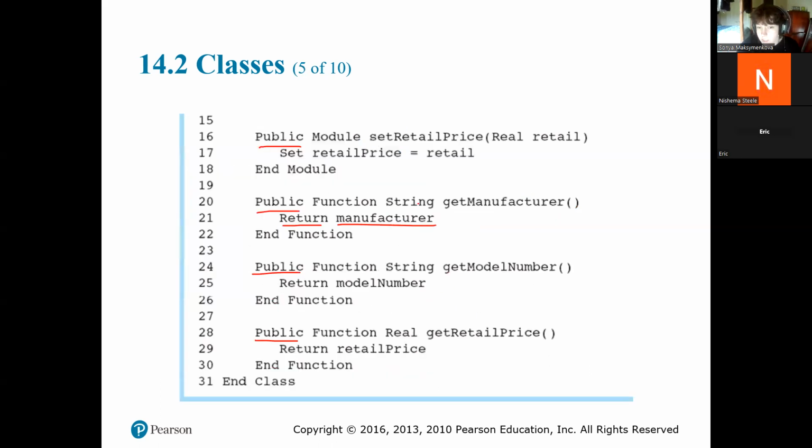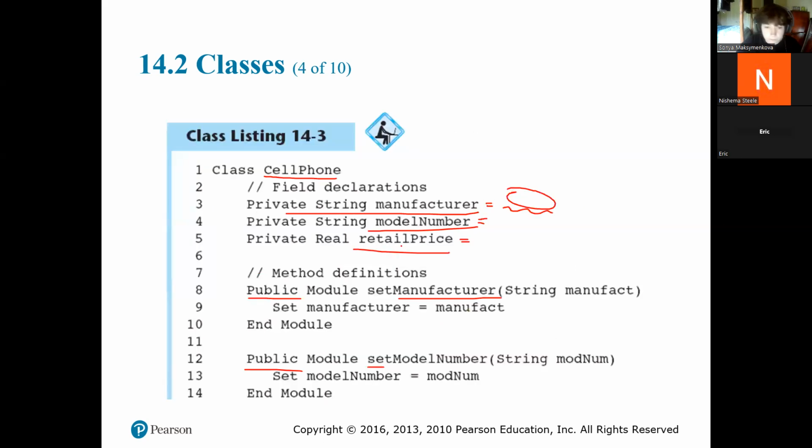This one, get manufacturer, will return to you the value from manufacturer. This one, get model number, will return to you the value for model number. And get retail price will just return to you the value stored in the retail price. So for each of the variables that you create in your class, you have to create a setter and a getter.